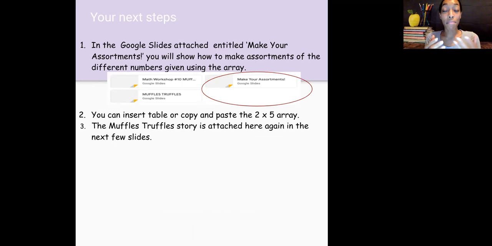You're going to show how to make assortments for different numbers that are listed in the slides. You can insert a table from the toolbar. You can draw your array as long as you're showing 2 rows of 5. You do not have to draw truffles in each. That might be a little difficult to do. As long as you're showing the boxes with 2 rows and 5 columns.